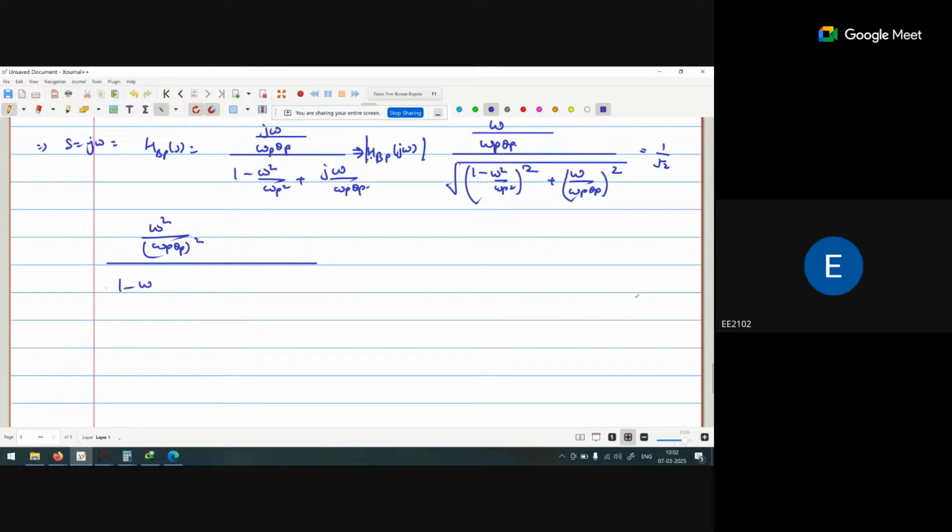So (1 minus ω² / ωp²) whole square plus (ω / (ωp Qp)) square is equal to 1 by 2.